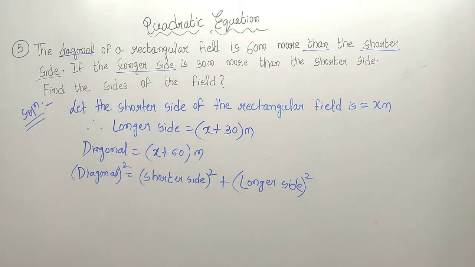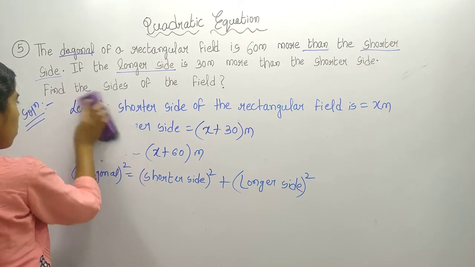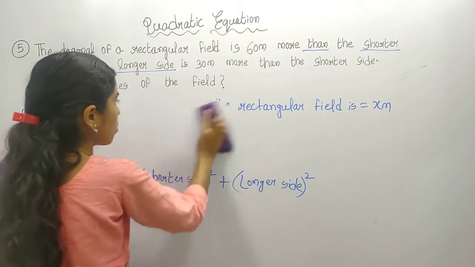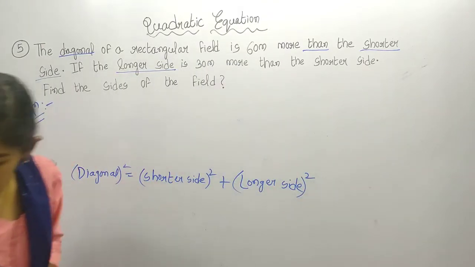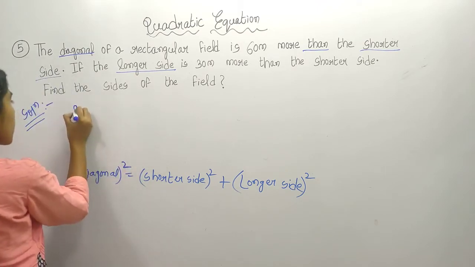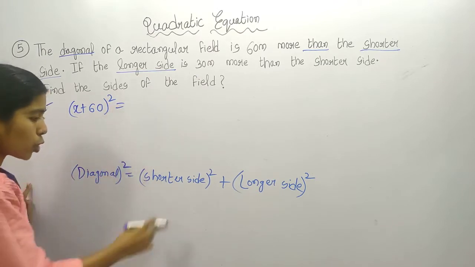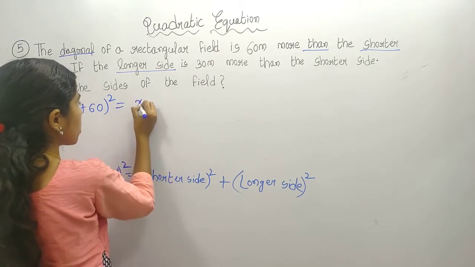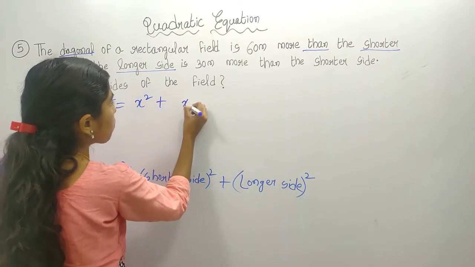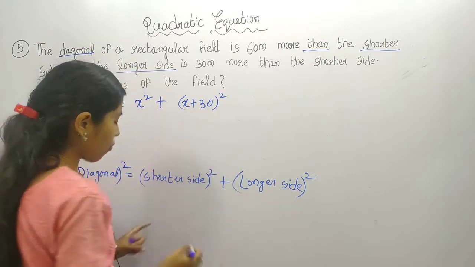The diagonal value we took is x plus 60 whole square, equals shorter side x, that means x square, plus longer side x plus 30 whole square. This is the formula.